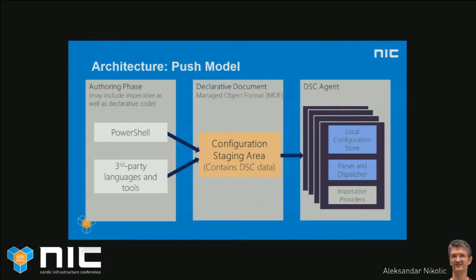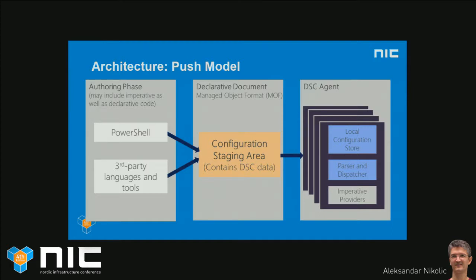We have two different models for working with DSC, but here today during this session I will focus only on the push model, because I will use that one for working with Azure infrastructure resources. So we can look at the push model in three phases: authoring, staging, and then the phase when we apply a configuration.